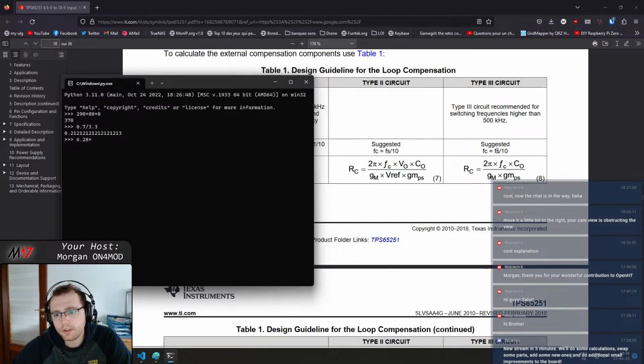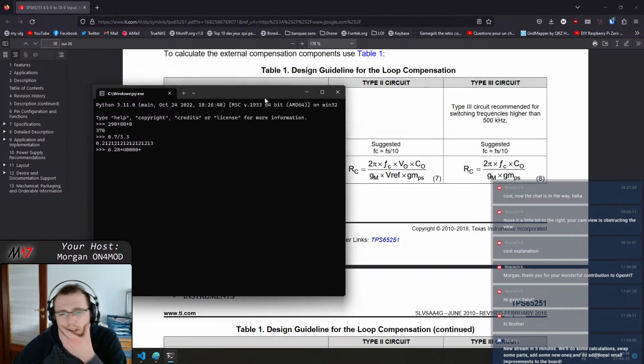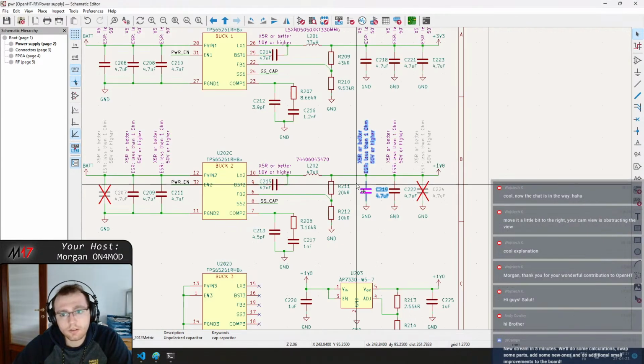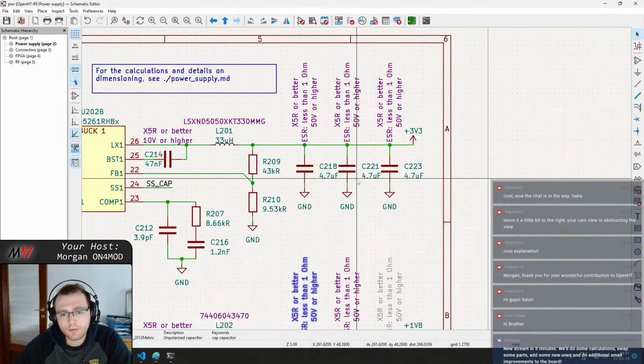Yeah, I'm gonna use what they suggest, so 40 kilohertz times C output, and C output is 3 times 4.7 microfarad, I think. Quick look, yeah, that one, 3 times 4.7.